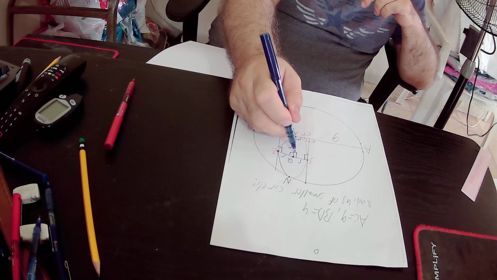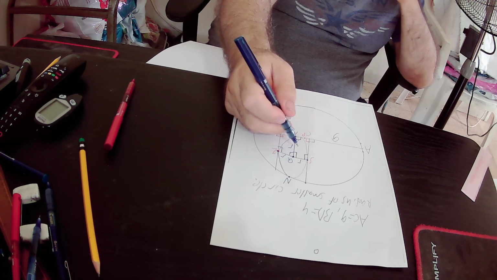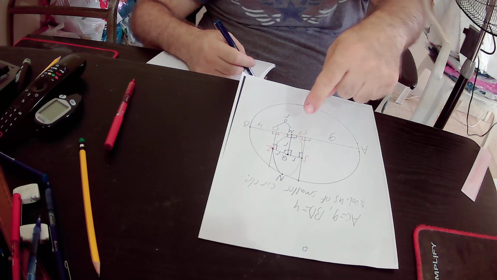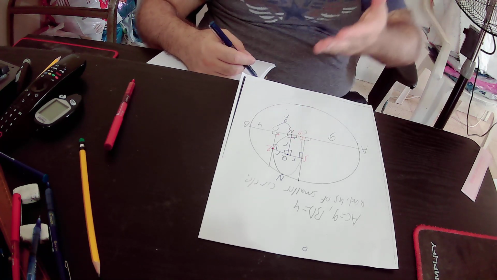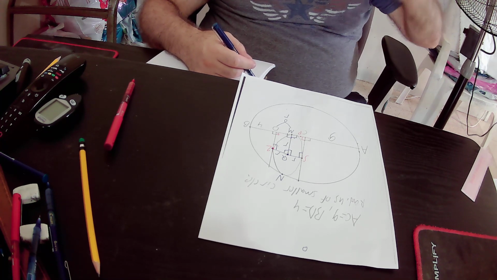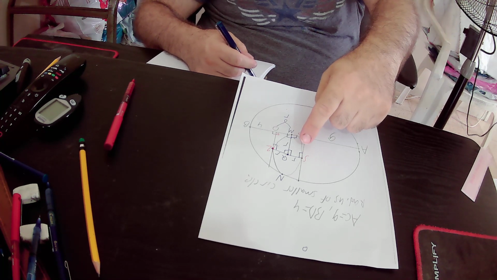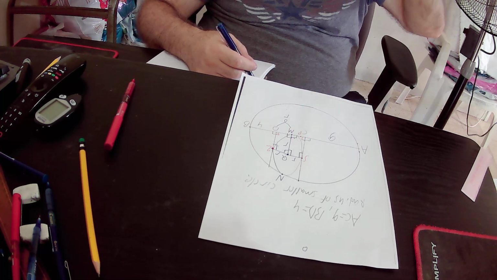So this quadrilateral has 4 right angles, and therefore according to rule number 3, it is a rectangle.